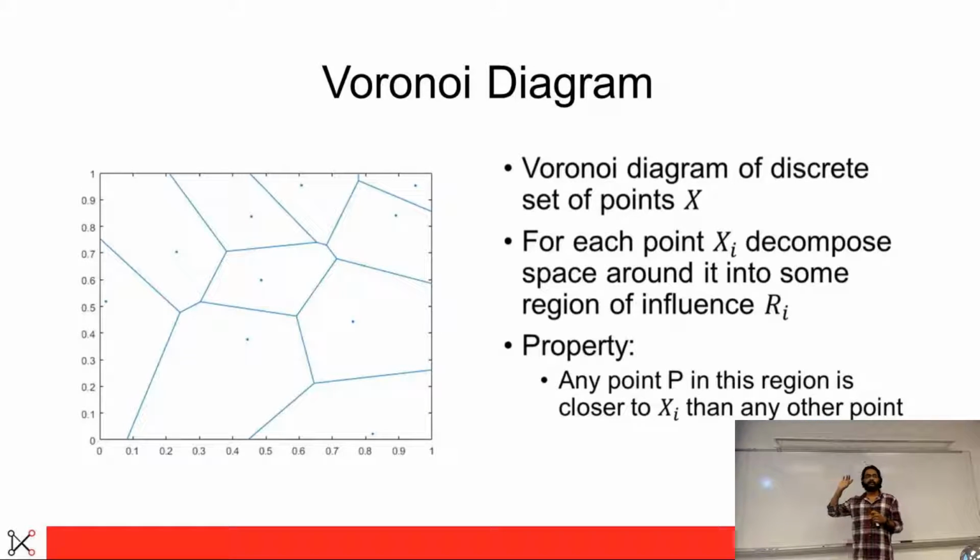So how do you define the region of influence here? You do it using half spaces. Given a point, you draw a half space which keeps the point on one side, and then you take the next point and draw its half space, and basically you start taking intersections of half spaces.